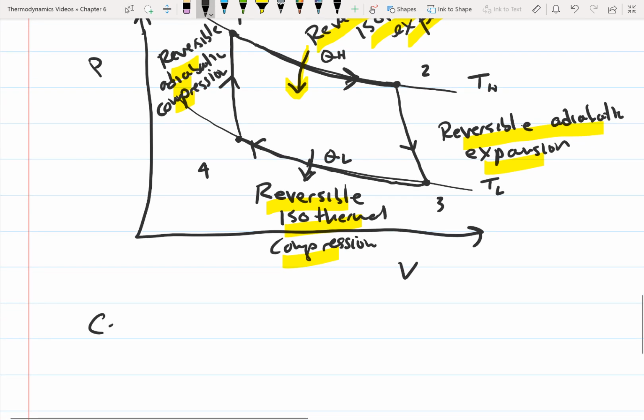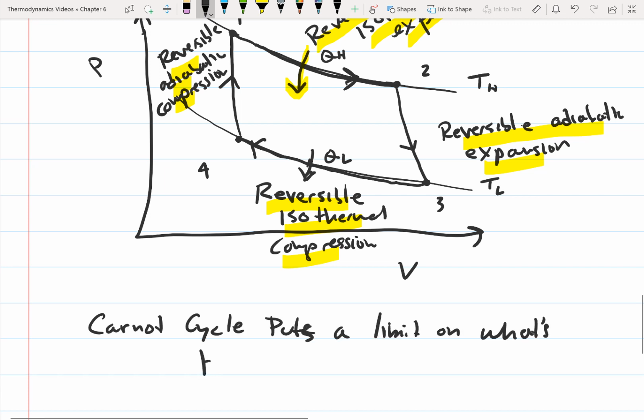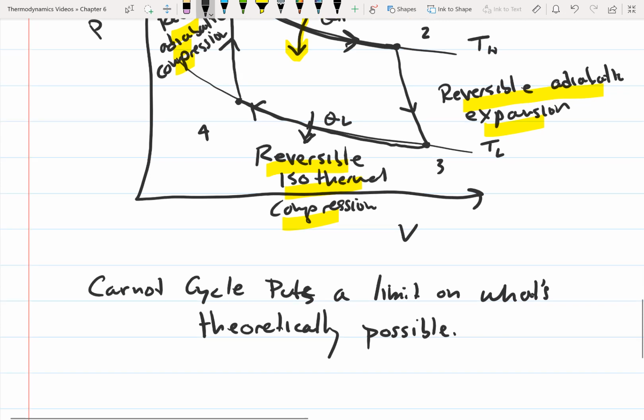So I'm just going to say that the Carnot cycle puts a limit on what's theoretically possible. So this is really useful because if we know what's theoretically possible, we know that we can't build something that, say, has a higher efficiency than what's theoretically possible.